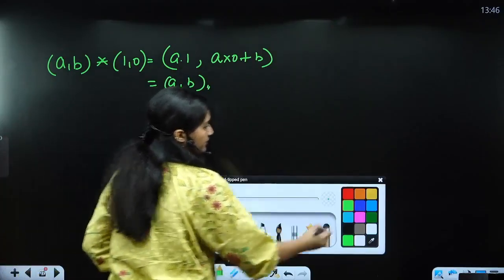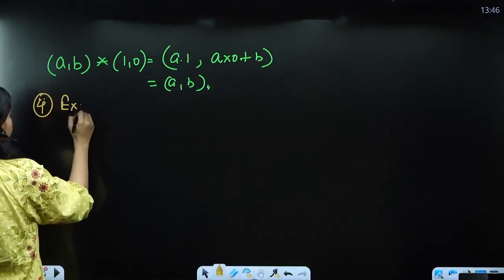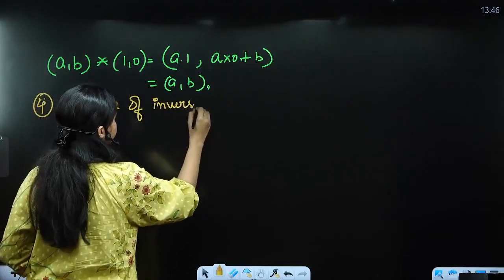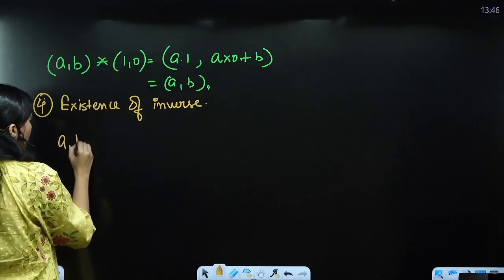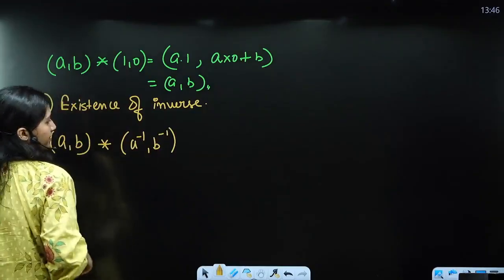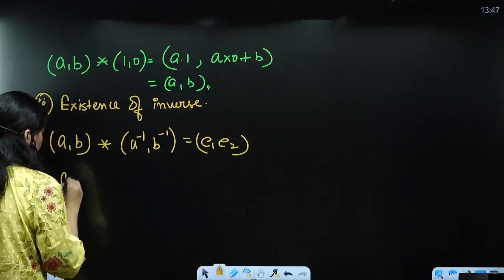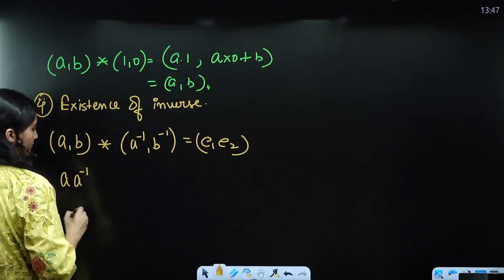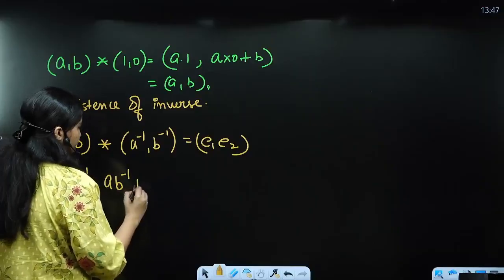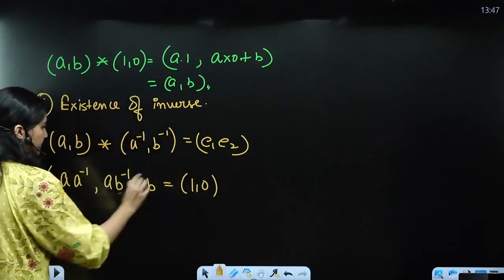Now continuing, we will be taking up inverse. Now we need (a, b) operation (a inverse, b inverse) equals (e1, e2). Now (a inverse, a b inverse plus b) equals, what is the value of this? (1, 0), this we have already found out.